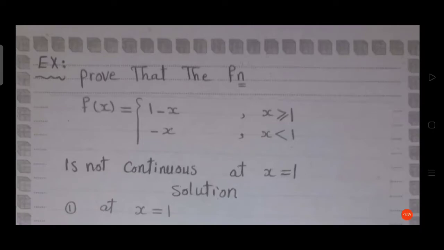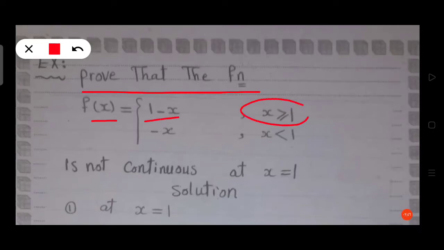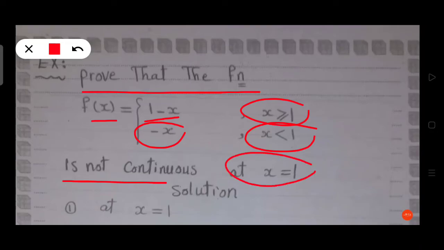The first example proves that the function f of x, which is defined by 1 minus x at x more than or equal 1 and negative x at x less than 1, is not continuous. Not continuous means that one of the three conditions is not satisfied at x equal 1.